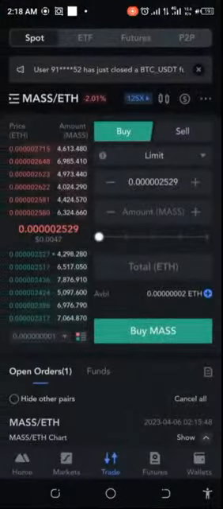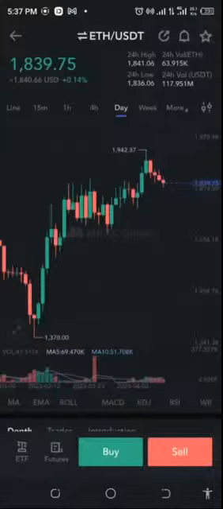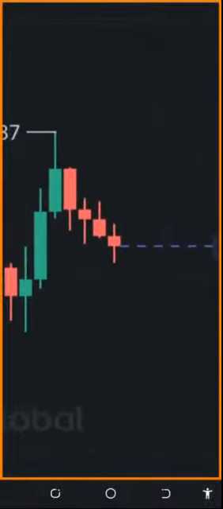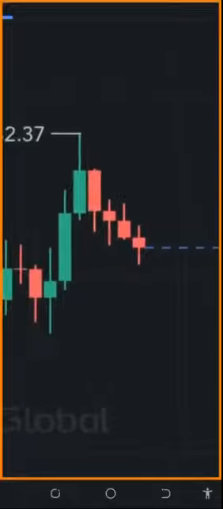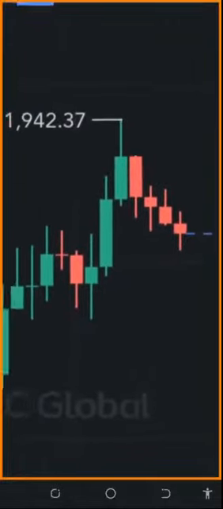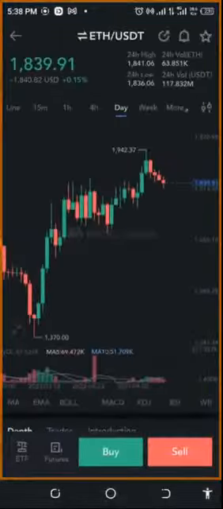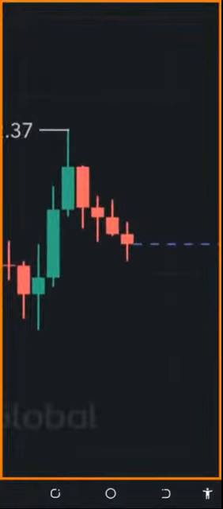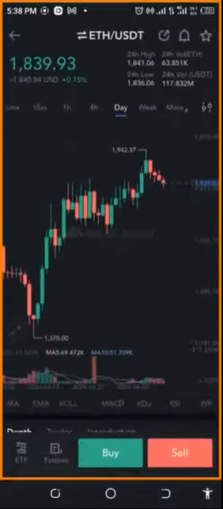See you shortly. Okay, so all right, I'm back after 3 days, and it just seems like ETH decided to go down. As you can see here, just to let you know, it's like 3 days, because this is the 1 day chart, and you can see that for the past 3 days, the ETH has been going down, right?